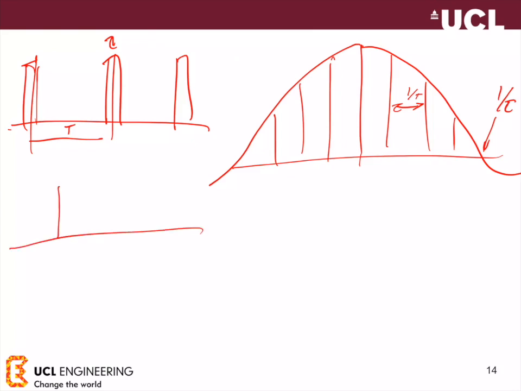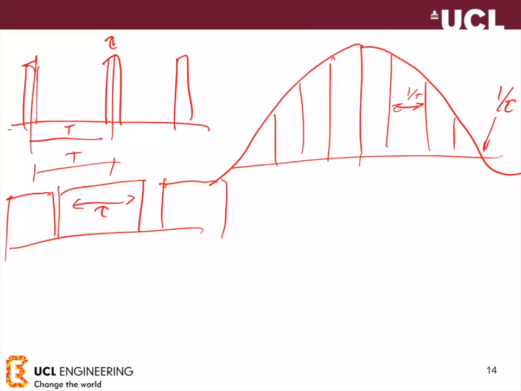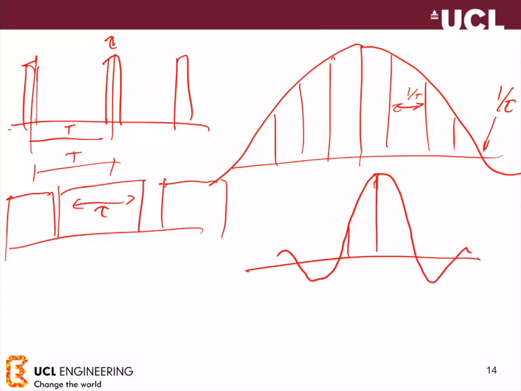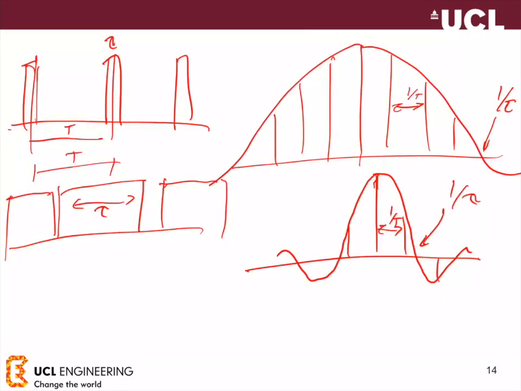Conversely, if we have a large tau, again my drawing's not very good but I'm trying to keep the T the same, what's going to happen is our 1 over tau will get narrow and we'll end up with a much narrower spectrum. Again, our lines will stay at the same width, 1 over big T, but our tau now becomes much closer together. We should also note that our height is going to change.